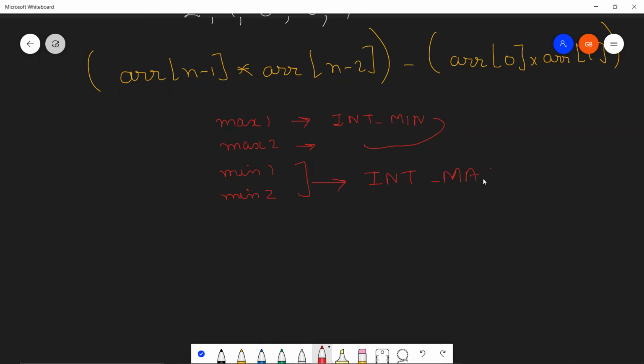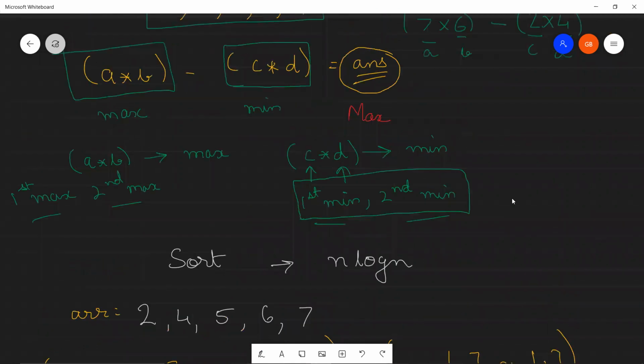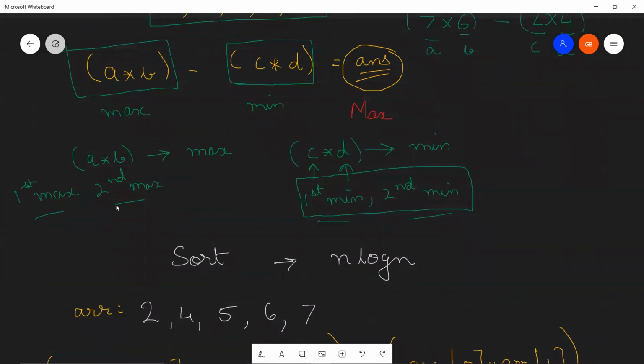You simply run a loop and compare each element with your max1 and min1 to find the maximum element and the minimum element. The second elements will be found by comparing max2 with max1 and min2 with min1. That's the entire core logic of this question. Basically, all you need to do is find the first max, second max, first min, second min, and simply multiply first max and second max to get the maximum possible product, and the first min and second min to get the minimum possible product, and their difference will definitely be maximized.